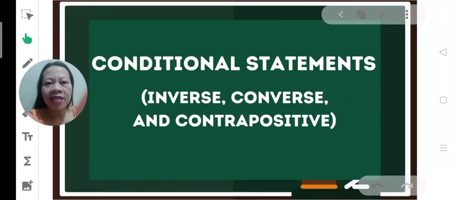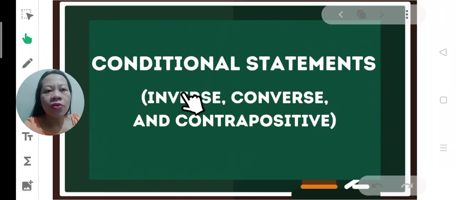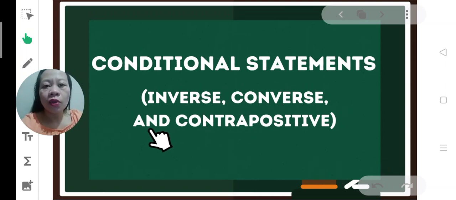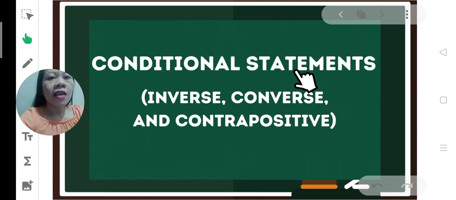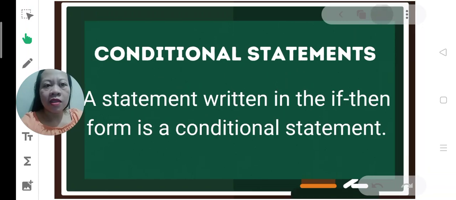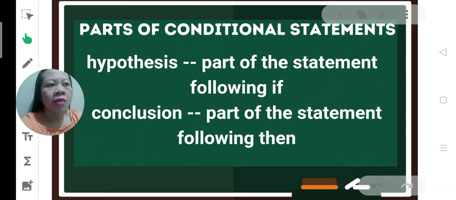Hello everyone! To understand how inverse, converse, and contrapositive are taken from the conditional statements, let us review first what a conditional statement is. A statement written in the if-then form is a conditional statement. And the conditional statement has two parts, the hypothesis and the conclusion.